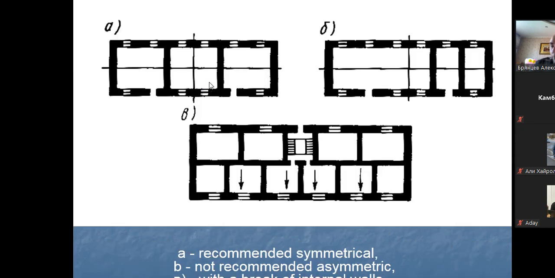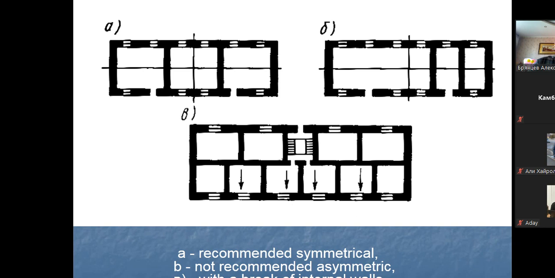If we look at the picture and think about what types of shapes are recommended for construction in seismic areas, we'll see that the most effective shapes of buildings are the traditional ones.